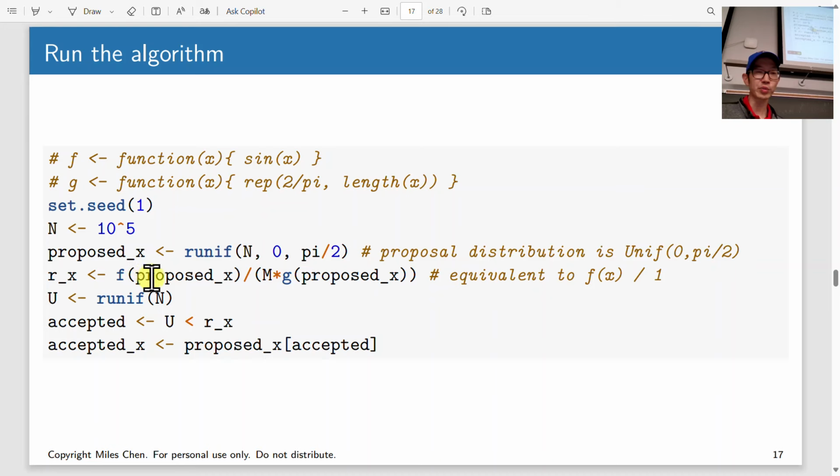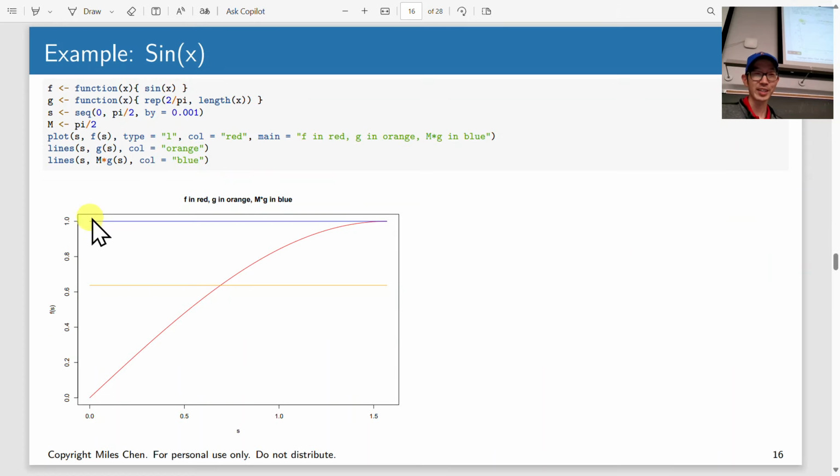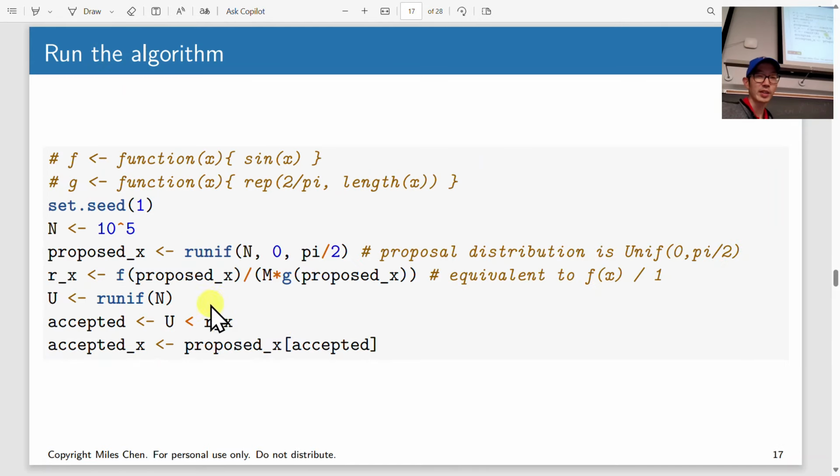We're going to calculate this ratio, the proposed value of x divided by m times g of x, and in this case, m times g of x is just 1. It's just this blue line up here. We're going to generate 100,000 random uniform values. Some of those random uniform values will be less than this ratio that we've calculated, and so we're going to get a logical vector of true and false values, and we will accept only those with true.